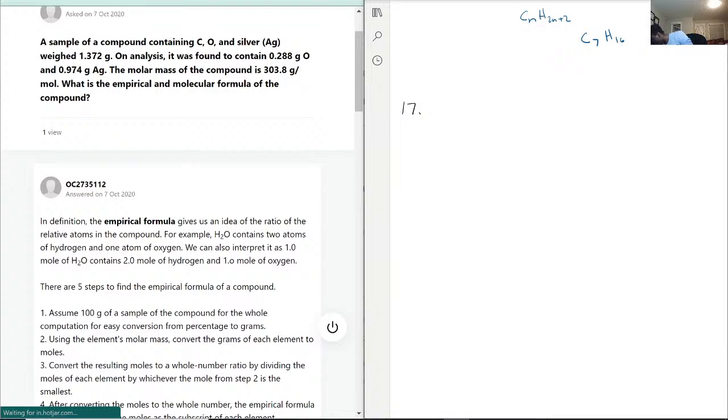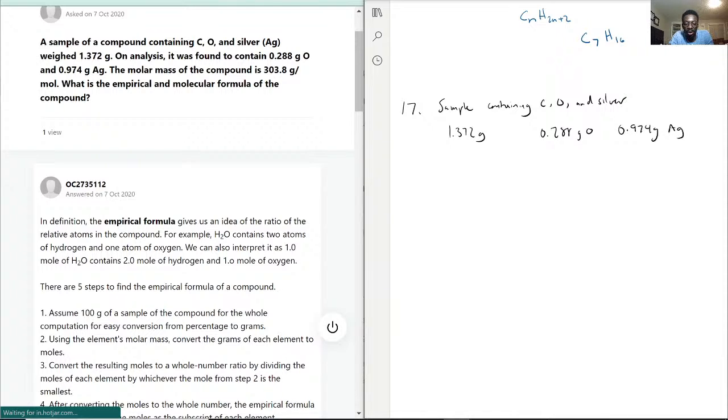Okay. A sample of a compound containing C, O and silver weighed 1.372 grams. On analysis, it was found to contain 0.288 grams of oxygen and 0.974 grams of Ag.